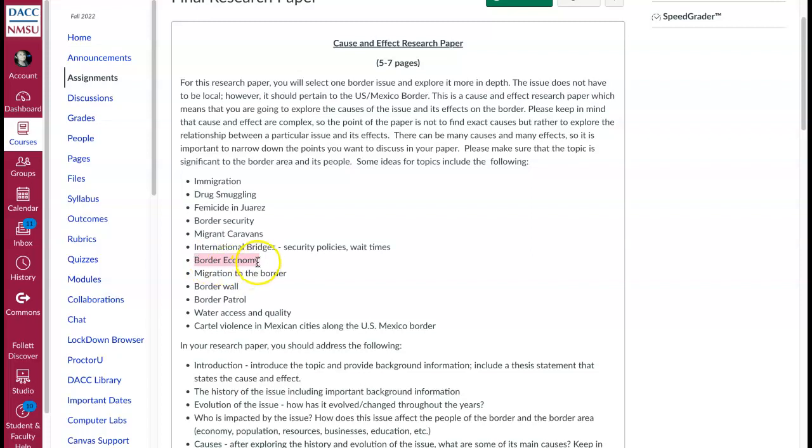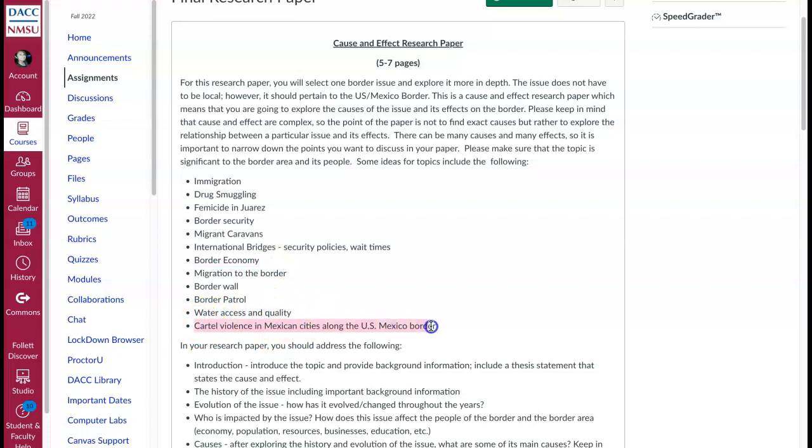I think an interesting topic on this would be the trend of people going to Mexico for cheaper healthcare, cheaper groceries. That's something that you could explore the causes. Like, why is it that people now are going over there more than they used to, right? Obviously, it has to do with the economy and inflation, but you would explore the causes.